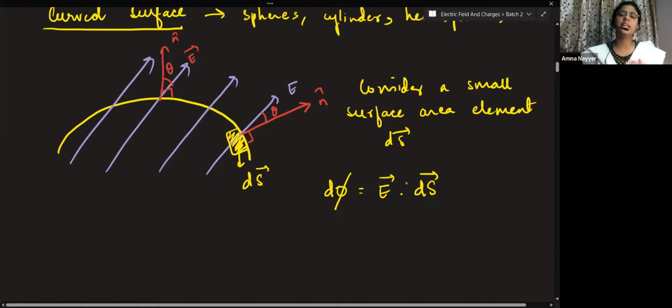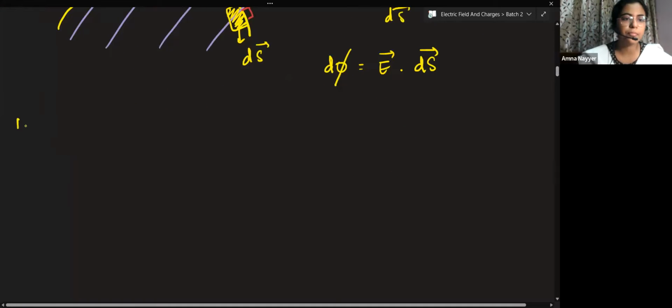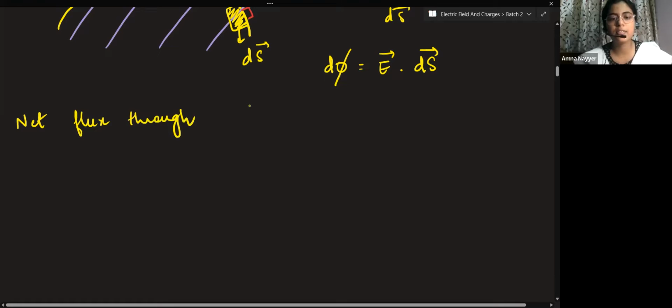Instead of taking s and instead of taking phi, you take the surface integral, that is E dot ds. So the net flux through the system becomes integral of E dot ds.